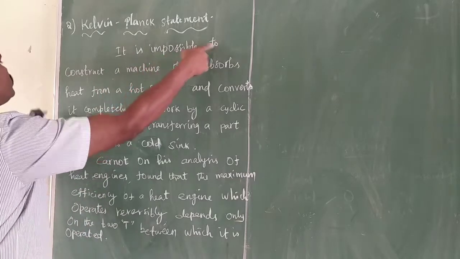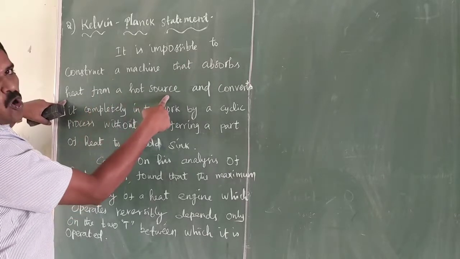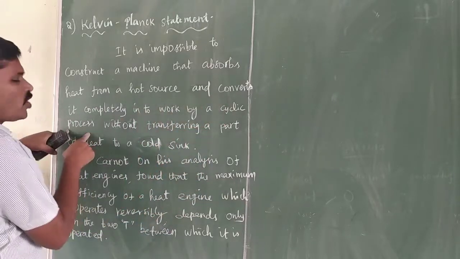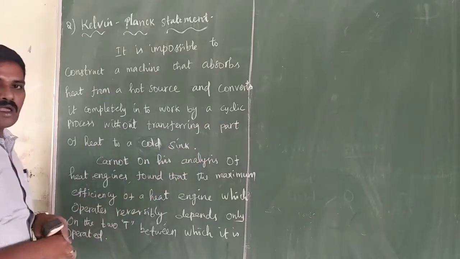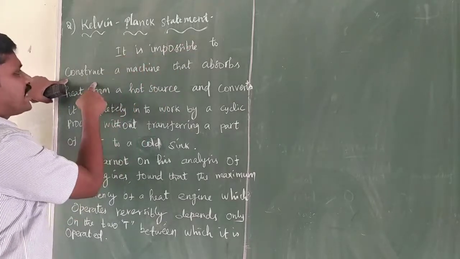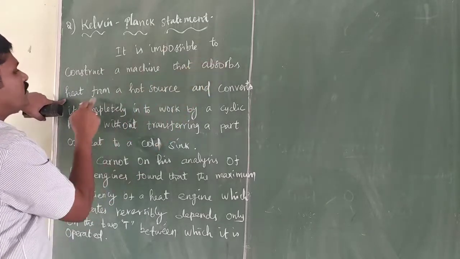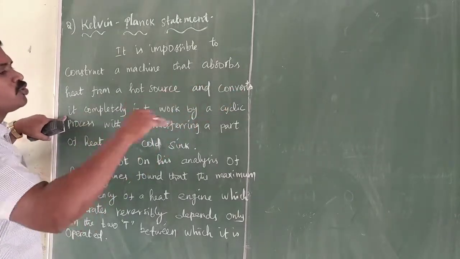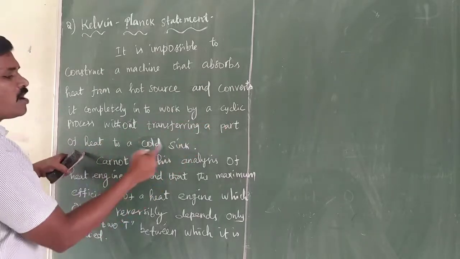It is impossible to construct a machine that absorbs heat from a hot source and converts it completely into work by a cyclic process without transferring a part of heat to a cold sink. That is the Kelvin-Planck statement.